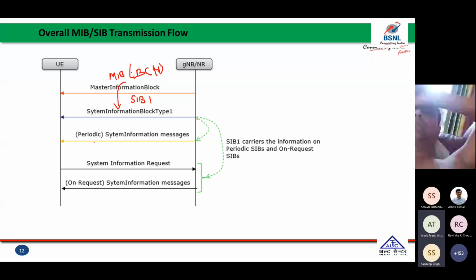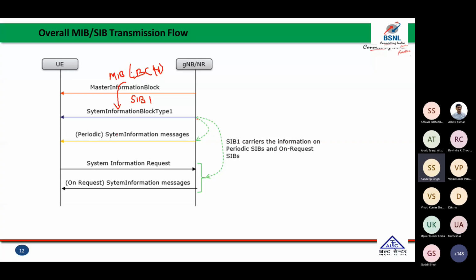Some messages are periodic, like SIB2, which carries the cell reselection parameters. Some are on request basis: when the UE requests system information for measurement, the system information message is sent by the gNodeB.